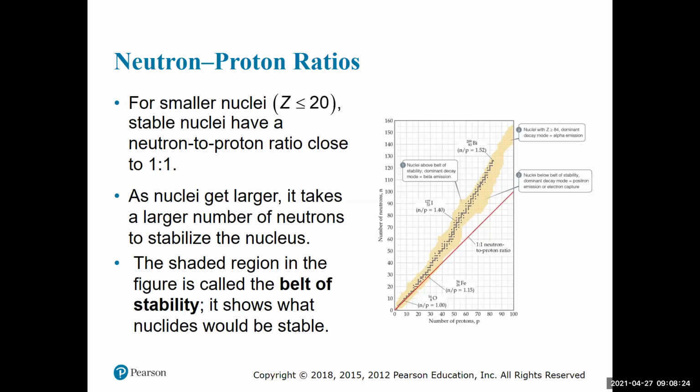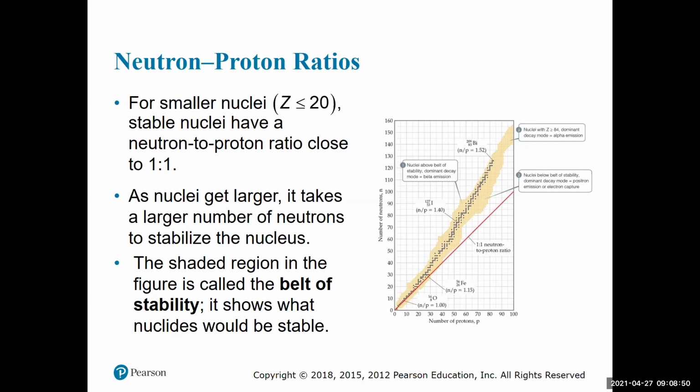So on the x-axis down at the bottom, we have the number of protons. On the y-axis, going from 0 to 160, we have the number of neutrons. So we could go ahead and do that calculation I just described to get that ratio, and then we could plot the stuff, okay? And that's what's been done here.